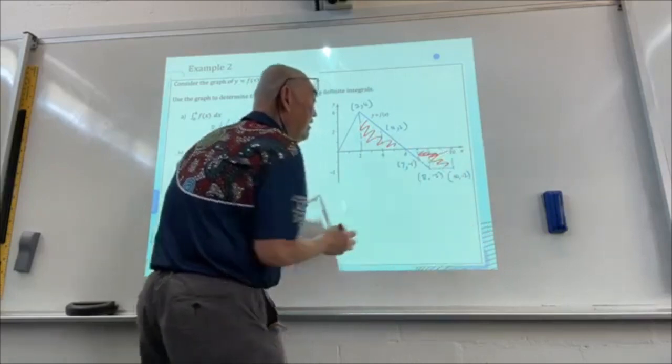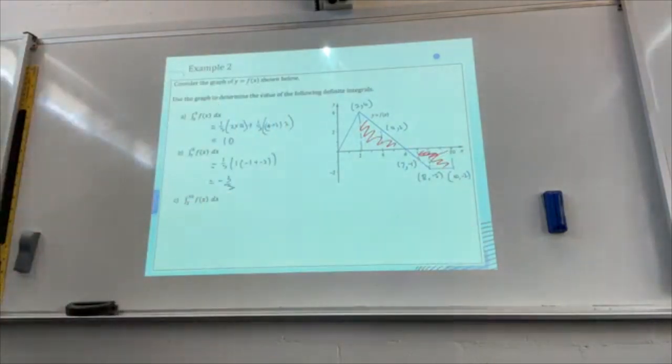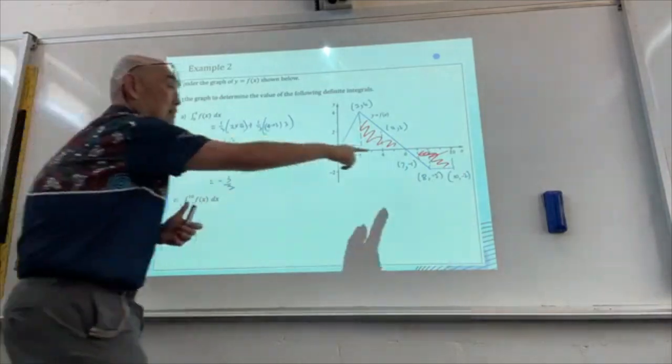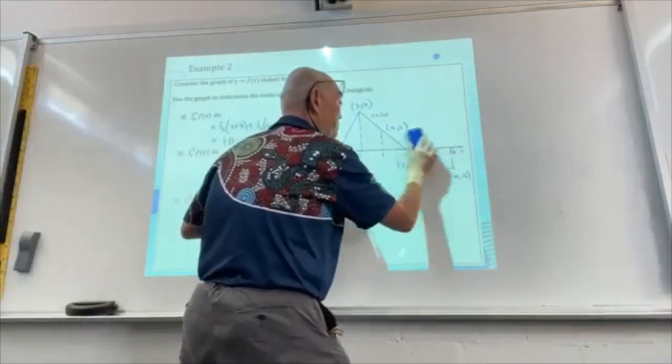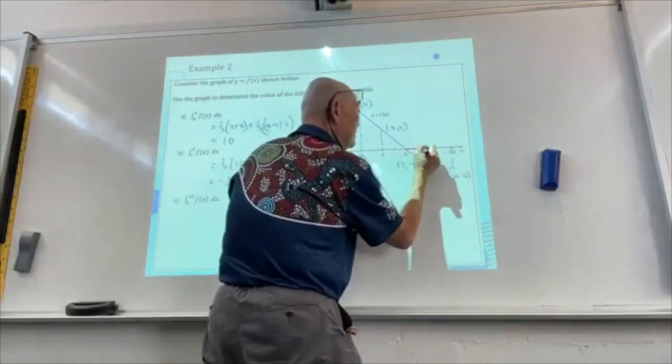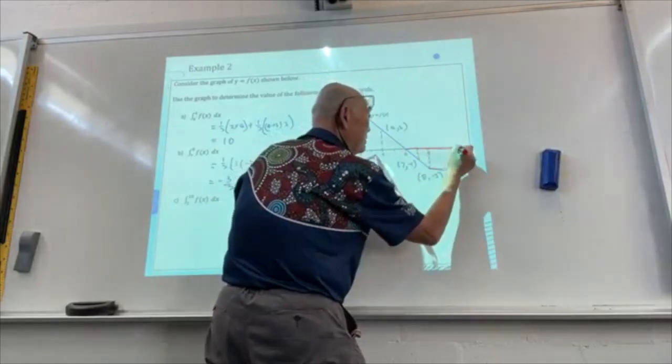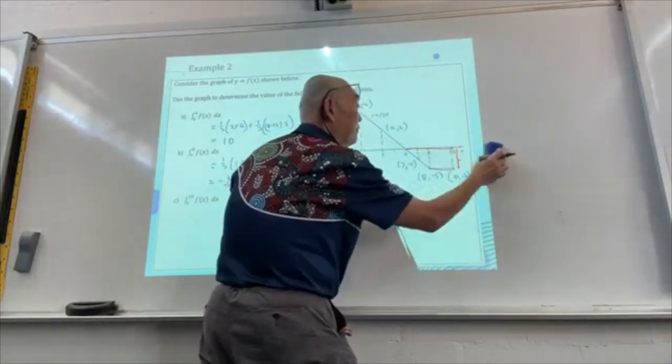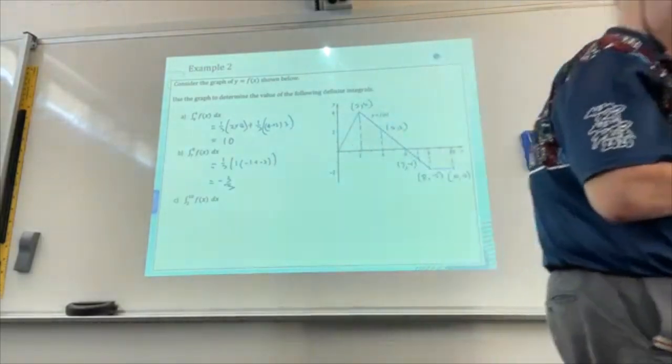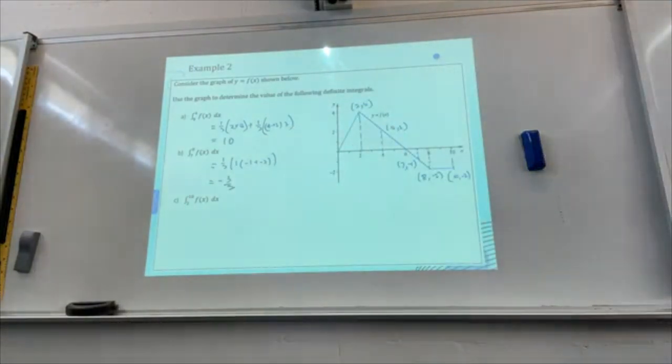So you need a big triangle, take away a trapezium. Here is this plus this times that, half of that. You should be familiar with the formula. And of course, I get the answer as 2. Agree? Yep.